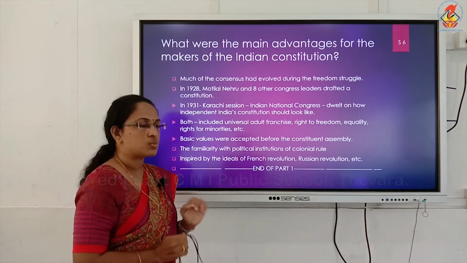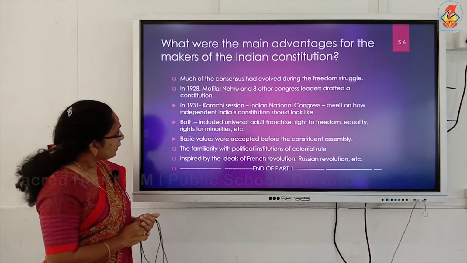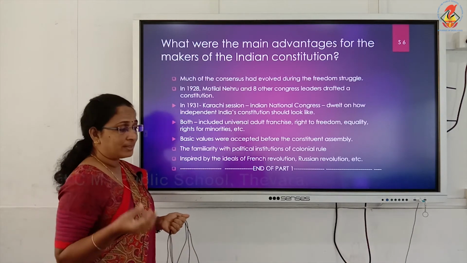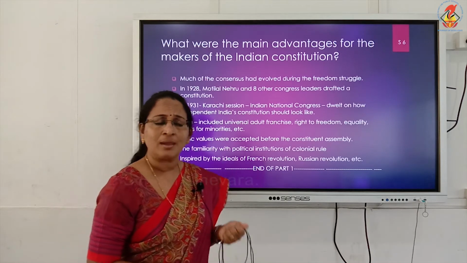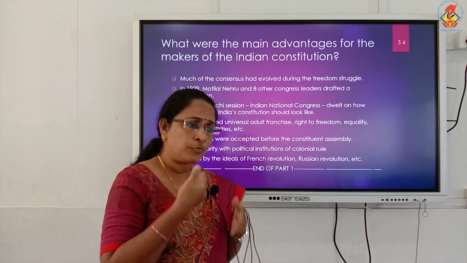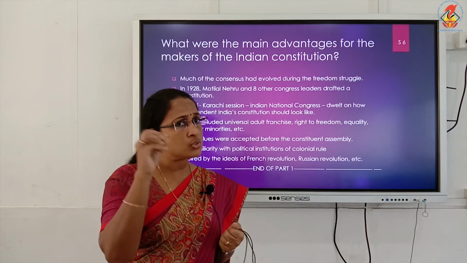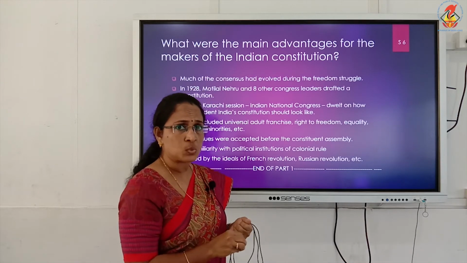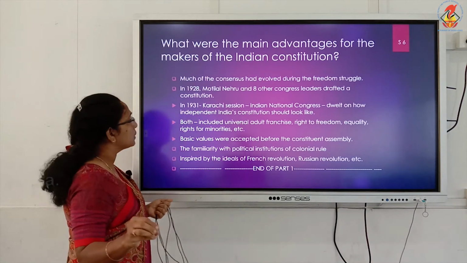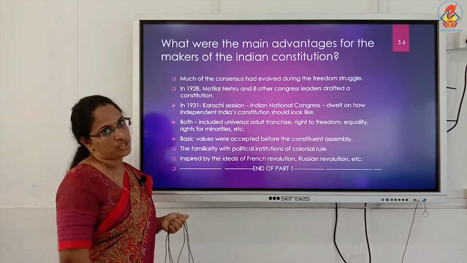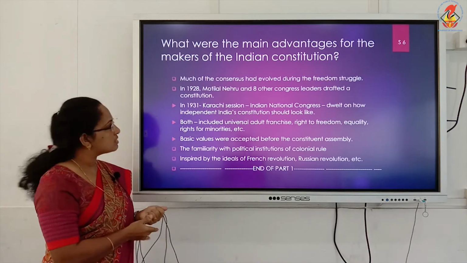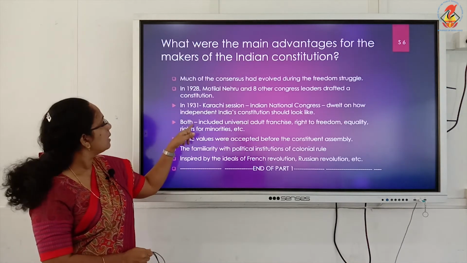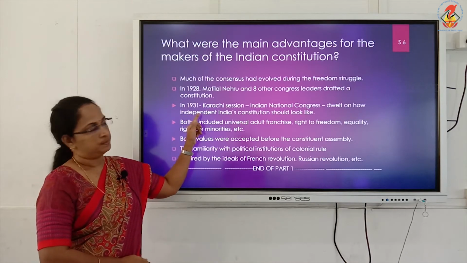General agreements were reached. And before writing the real constitution, they made different documents, and those documents included which values should be included in the constitution after independence, and one such document in 1928, a second one in 1931.